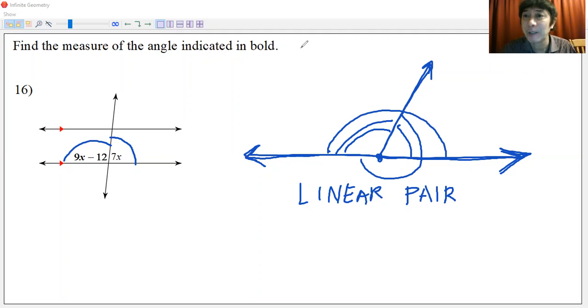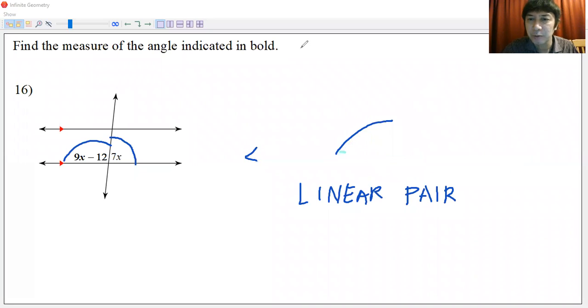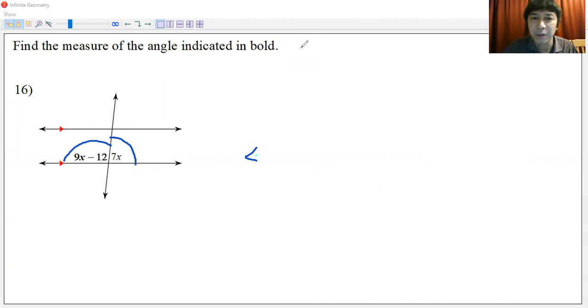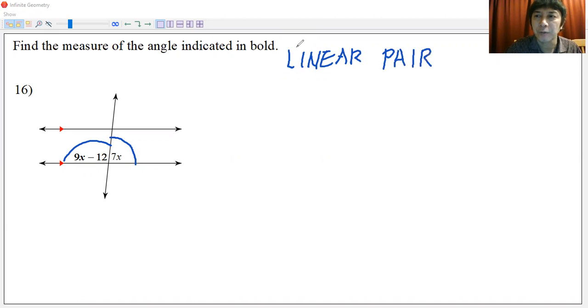Let us solve for the angle. Let me clear my writings here. Just remember the name is linear pair, because the non-common rays form a straight line. That's why it's called a linear pair.